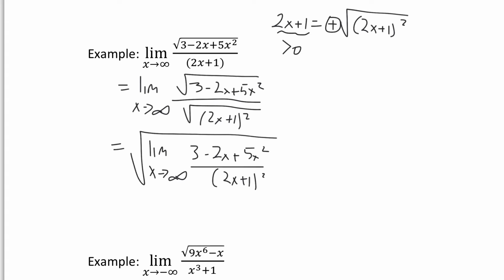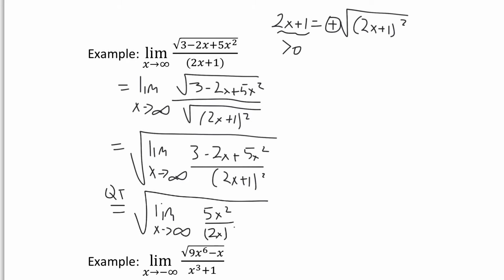So notice, if we were to forget about the square root for the moment, this portion here would just be the limit of a rational function over a rational function. This would be a perfect example of the quotient theorem. So we're going to go ahead and apply that. Limit as x approaches infinity of 5x squared over (2x) all squared.